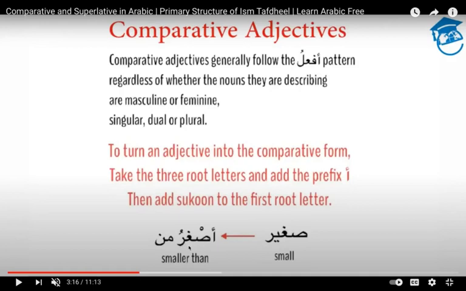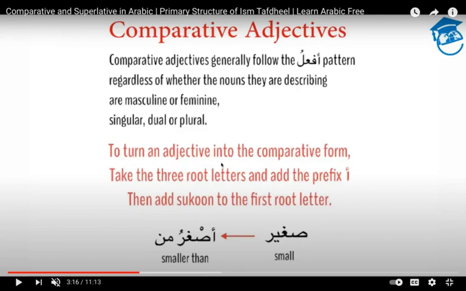No, regardless. So أسماء التفضيل that follow the pattern of أفعل are not going to change regardless of masculine, feminine, singular, dual, or plural.